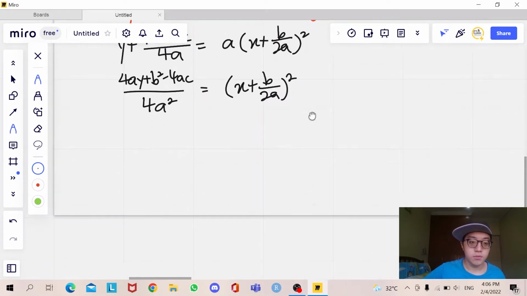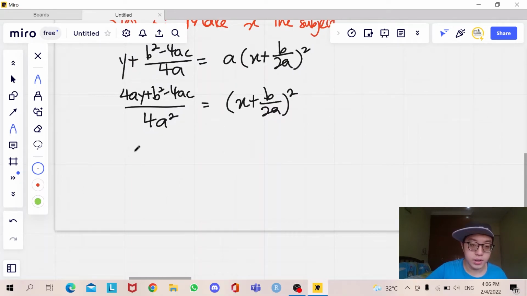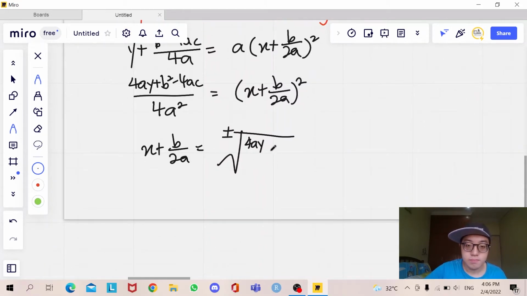So from here you will need to take the root: x plus b over 2a is equal to plus minus the square root of (4ay plus b squared minus 4ac) divided by 4a squared.